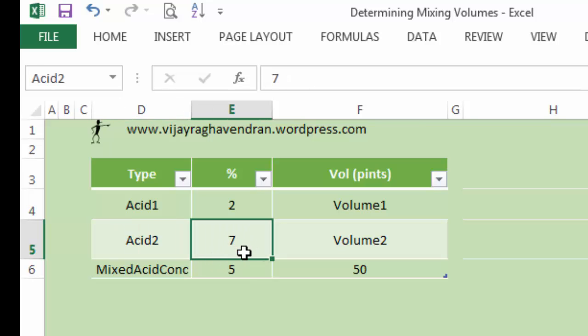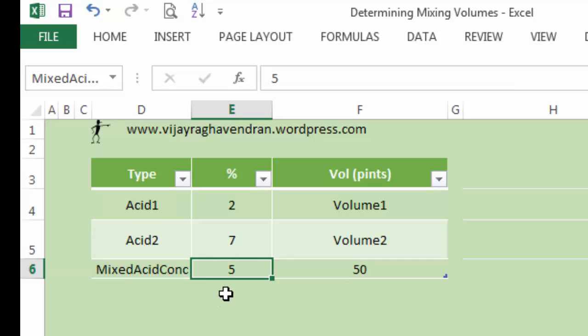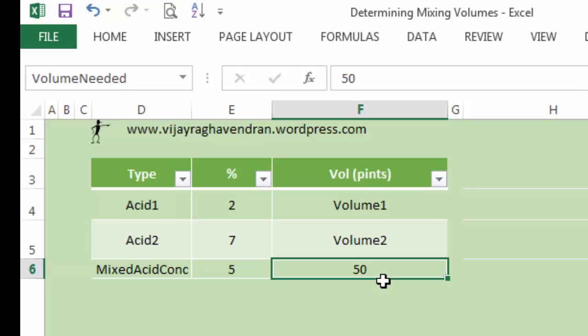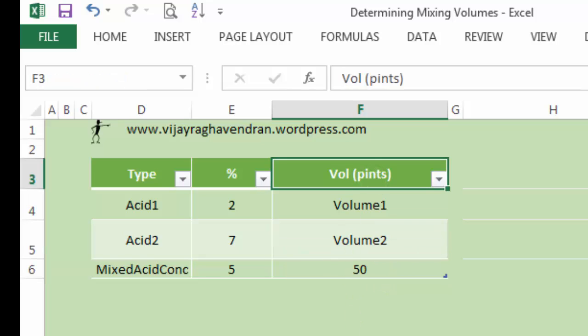The mixed acid concentration is the 5% that you need, and you need a total volume of 50 pints, with the units here in pints.